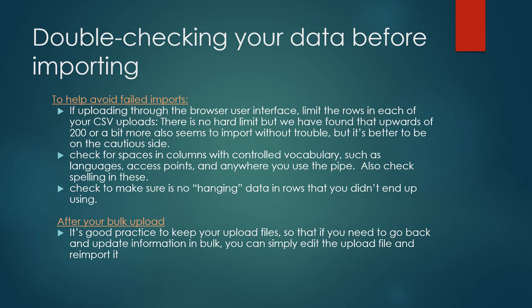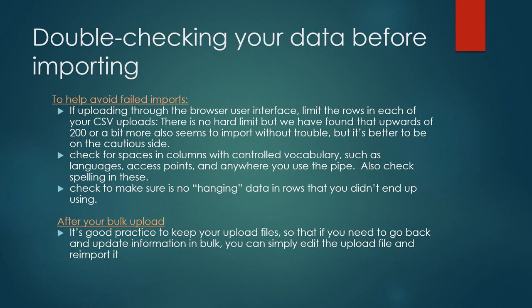If you're uploading through the browser user interface, there's no hard limit on the number of rows that will import, but I have found that upwards of 200 or so, it is less of a guarantee that they'll all go through. Sometimes you can do more, but there's no guarantee, so sometimes it's just better to be on the cautious side if you're uploading CSVs that have a lot of rows.